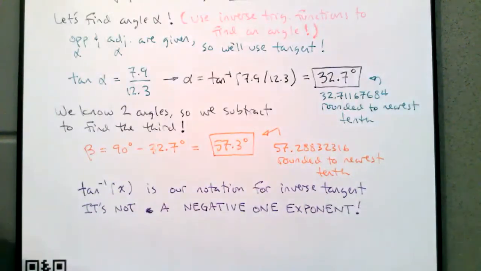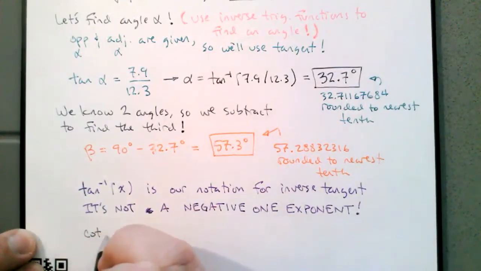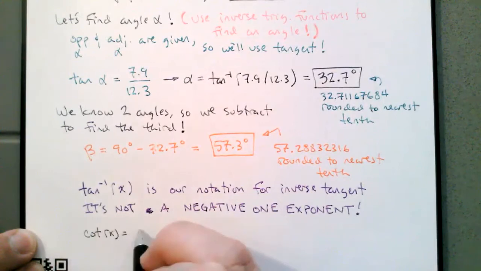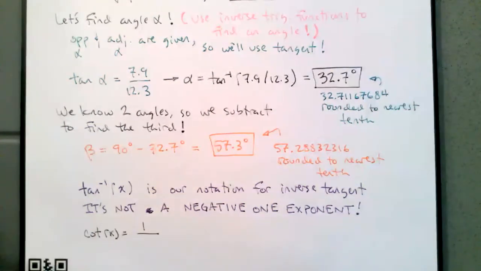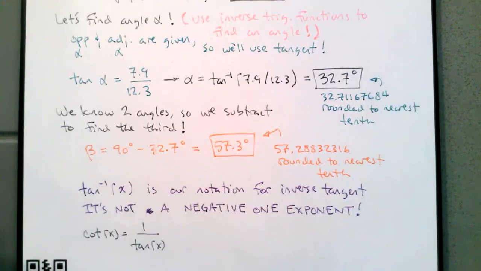Then I got into reciprocals, and that's where it got confusing, because I thought we had to do a reciprocal to find the angle. Nope, we're not doing reciprocals to find angles. We're doing inverse trigonometric functions. So cotangent is the reciprocal of tangent. That's a multiplicative inverse, where tangent inverse is the inverse function.